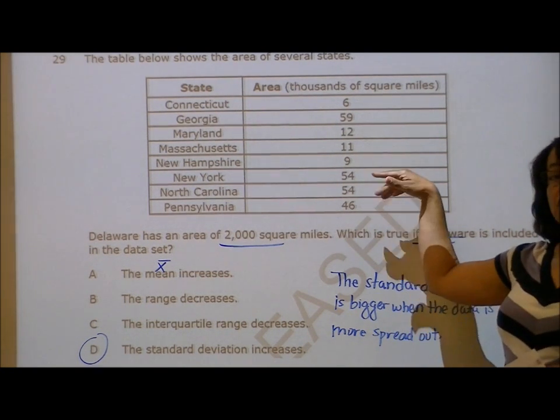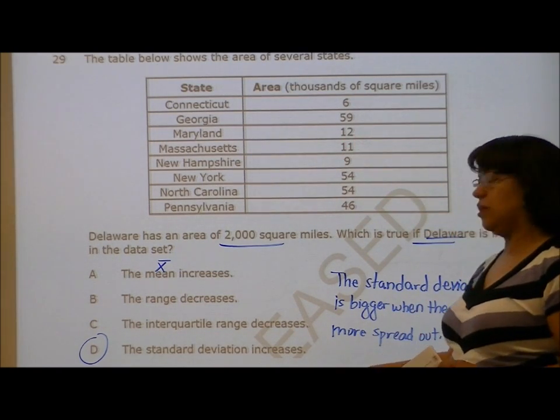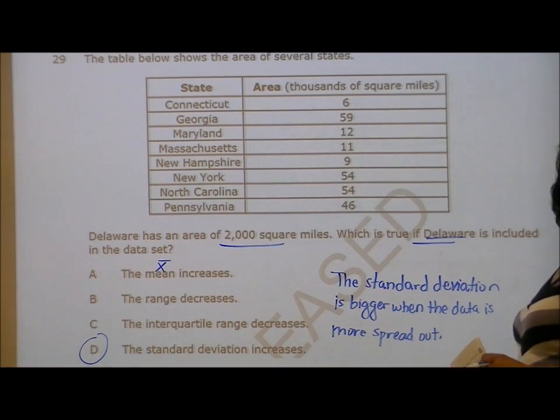Okay, so 2,000 is going to spread the data out a little bit more because 2,000 is not very close to a lot of these numbers. So that's going to make your standard deviation larger.